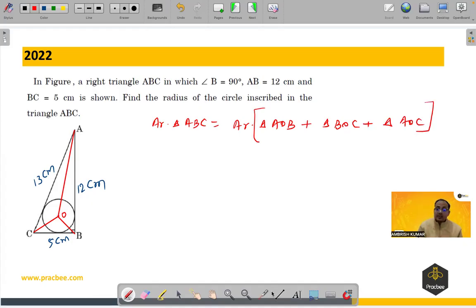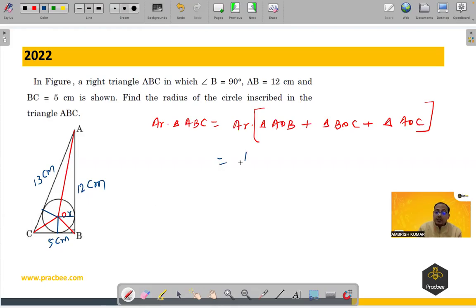Now, see, if you draw the perpendiculars, simply join this center with the point of contact. It's going to be a perpendicular, right? So if you use half into base into height for AOB, base you will be taking as AB, height as this radius, right?